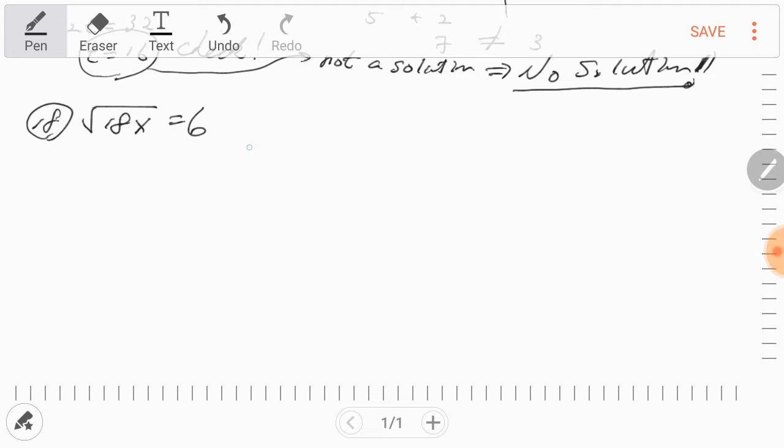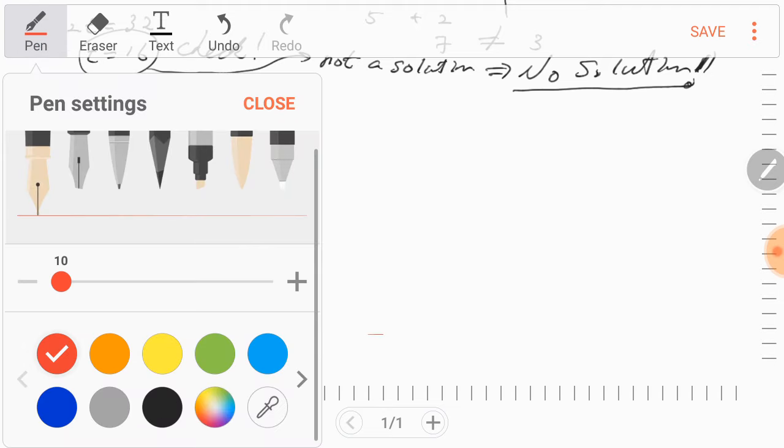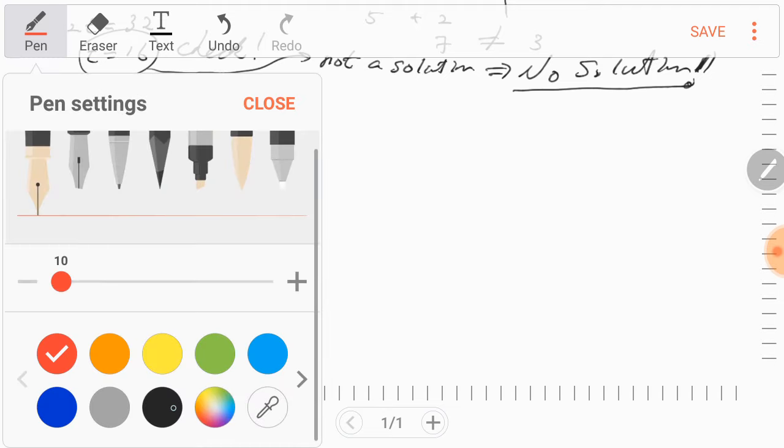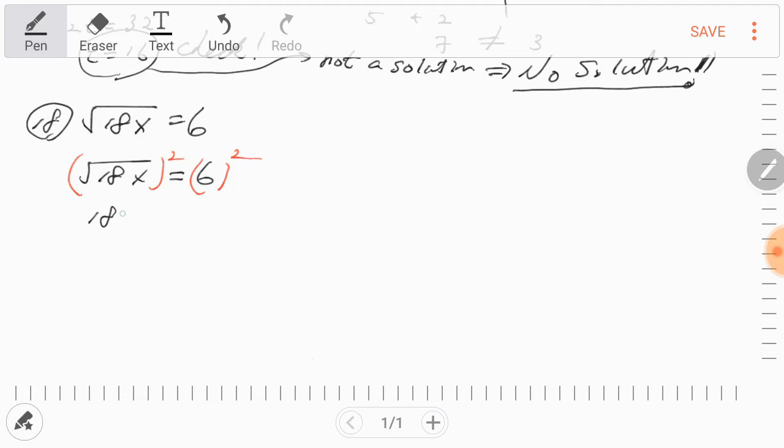From this one, the left side of the equation has only one radical, so why don't we just square each side, because this is a square root. Then the left side of the equation is 18x, which is equal to 36. Then divide each side by 18. Then x equals 2.